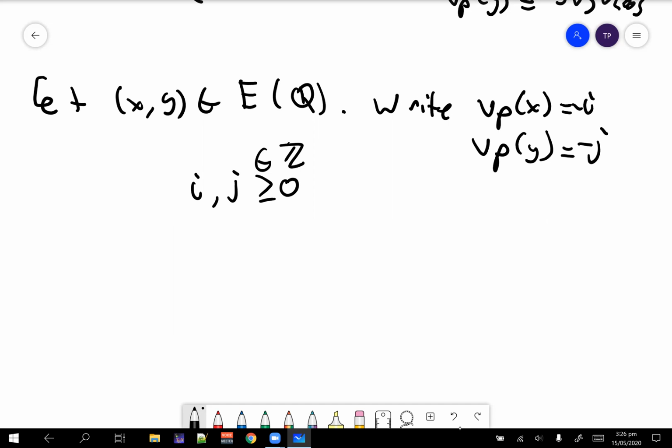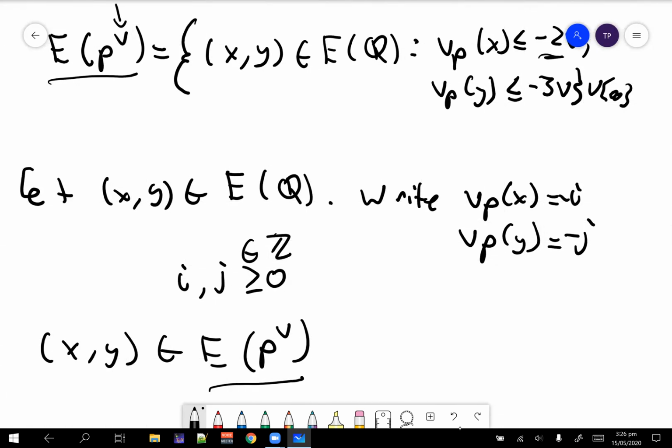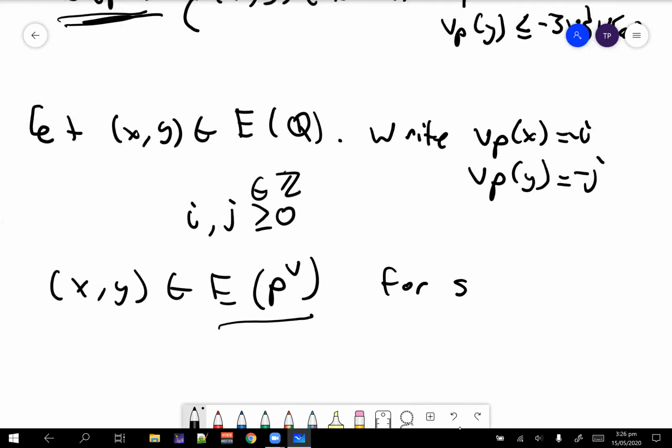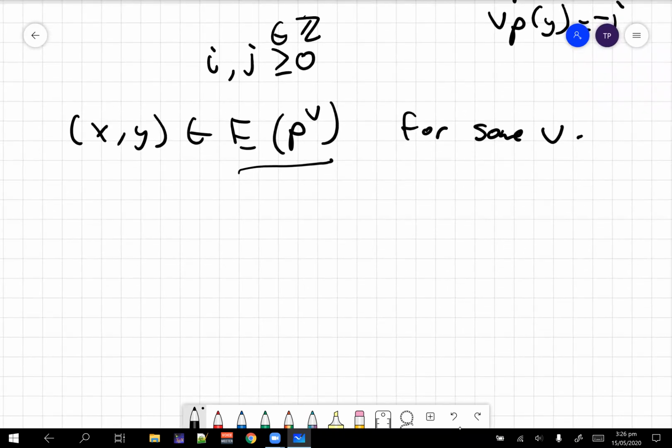So the lemma says that (x, y) is in E(p^v) for some v. Recall this set up here. And then the proof is quite simple.